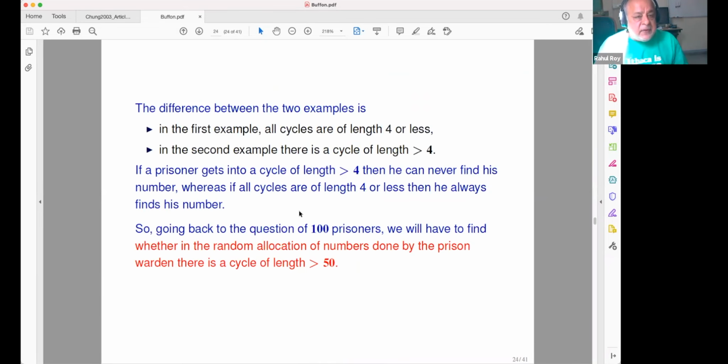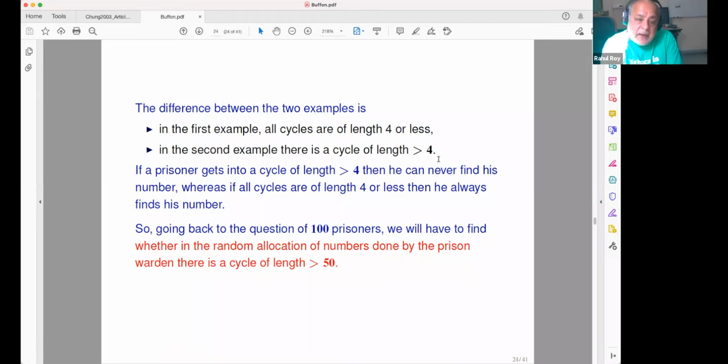So as I said, the difference between these two examples is that in the first example, all cycles are of length 4 or less. In the second example, there's a cycle of length bigger than 4. So if a prisoner gets into a cycle of length bigger than 4, then he can never find his number. Whereas if all cycles are of length 4 or less, then he always finds his number.